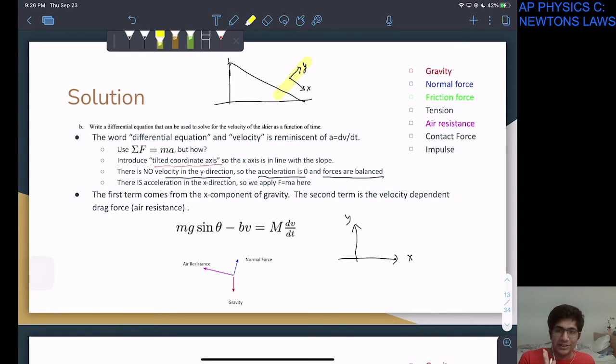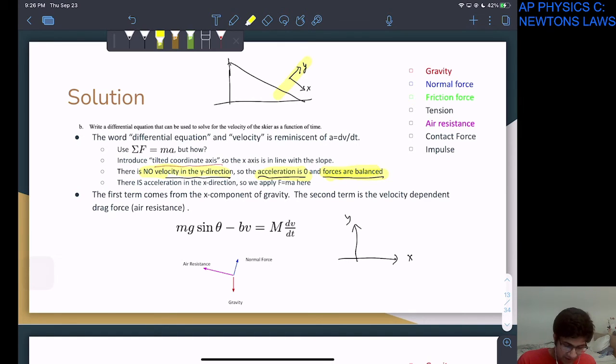It would be motion in that direction, and there isn't any. So there's no velocity in the y direction, right? The acceleration is 0, and the forces are balanced. So we have one axis. If we go back to earlier, in one direction the sum of the forces is 0.